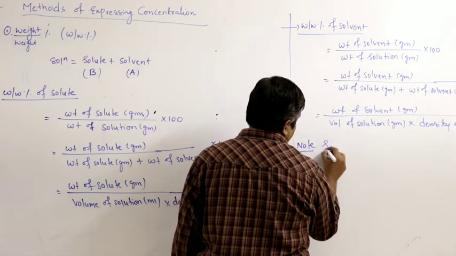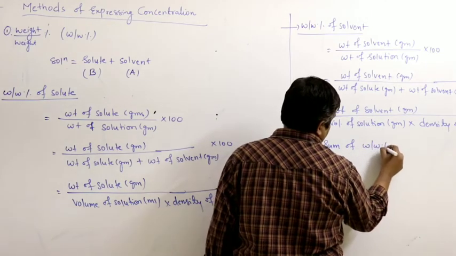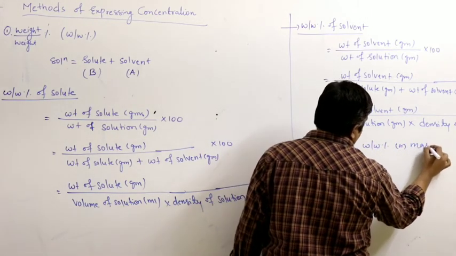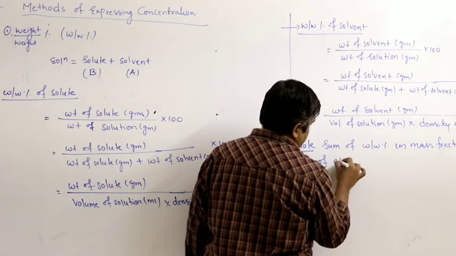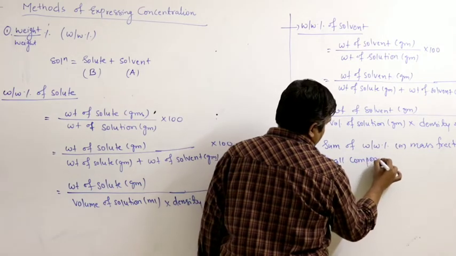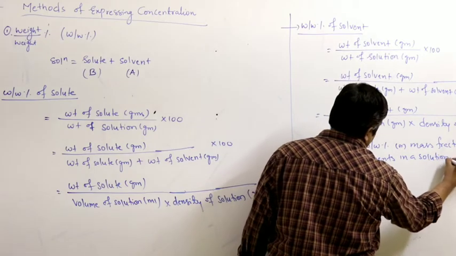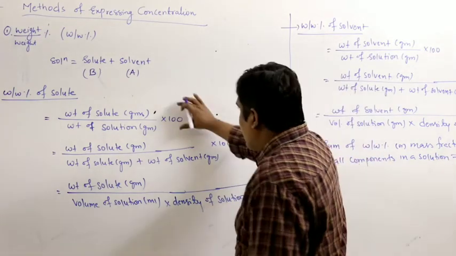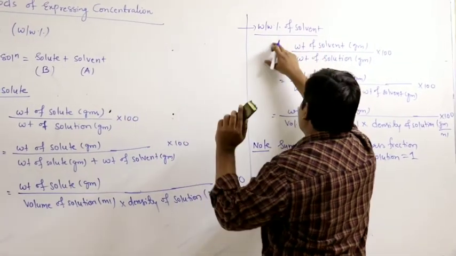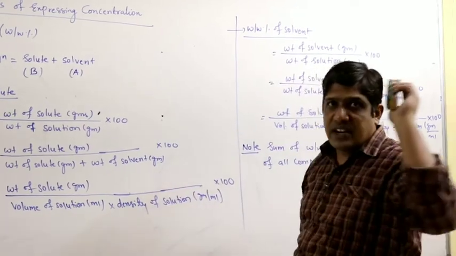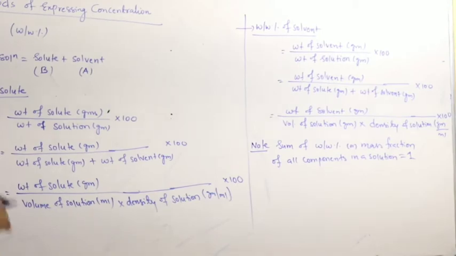Sum of the weight by weight percentages, or simply we can call mass fractions, of all components in a system, in a solution, must be equal to 1. Sum of the mass fractions of all components must always be equal to 1.